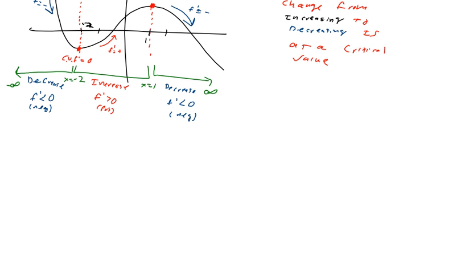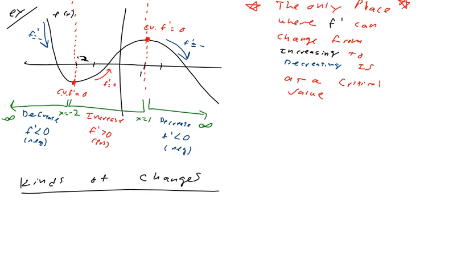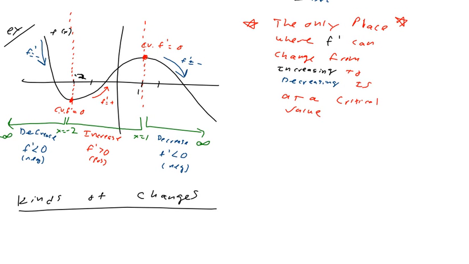Here are the 4 kinds of changes that can happen. So the only place is at these critical values. There are 4 different ways these critical values can occur.